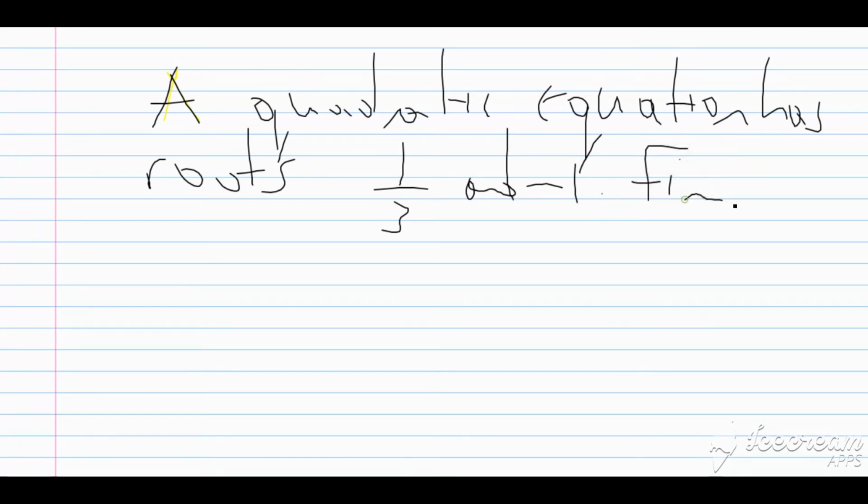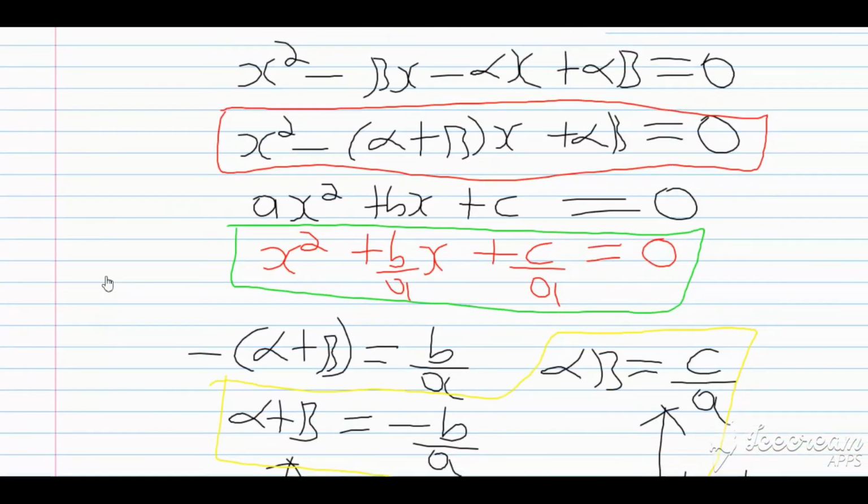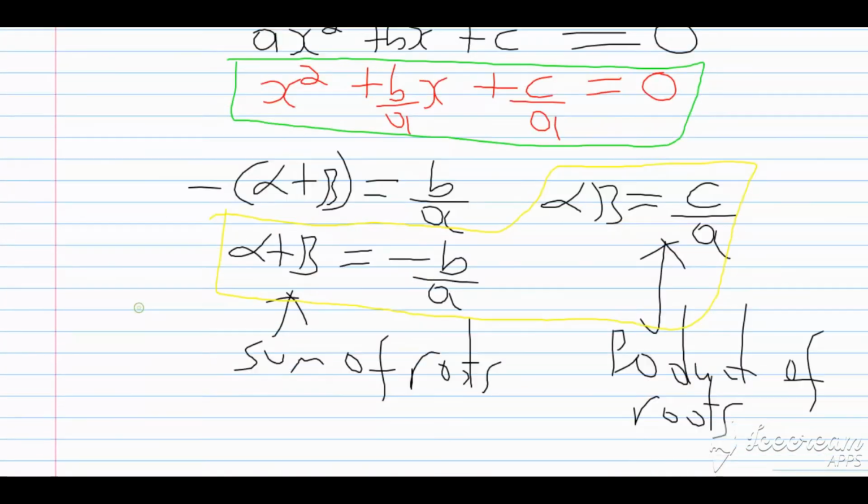Find the equation. Now, in this case, I wouldn't have to go through the entire step of finding the factors, then multiplying them to find the equation. We simply go back up here where we had found a general equation already. In red here, we say it's x squared minus alpha plus beta, which is the sum of the roots, times x plus alpha beta equal to 0. So that is the same concept we're going to apply down here.